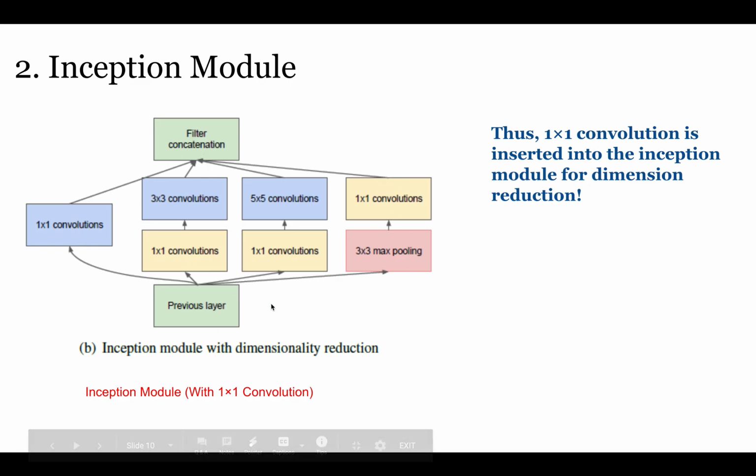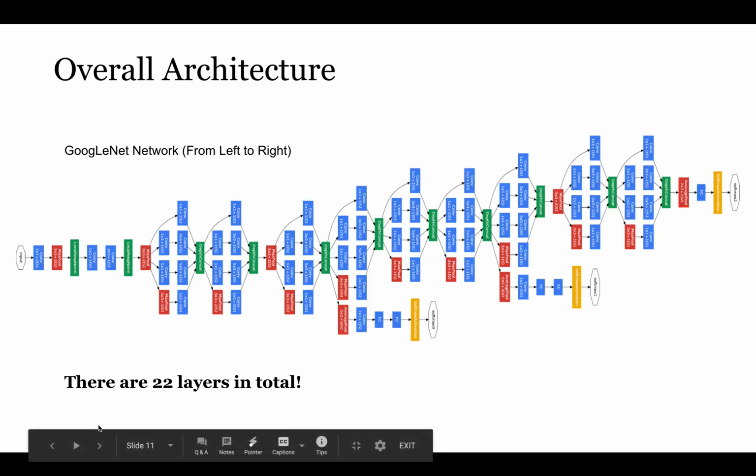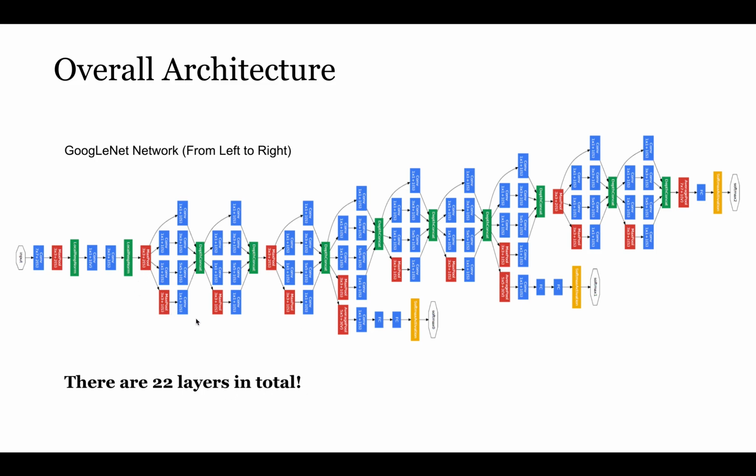Using this unit, we can create a big network. In GoogleNet, there are 22 layers in total, and everywhere they are adding one Inception module. Here you are unable to see what is happening in particular, but for a particular unit you are looking at this, and again this.